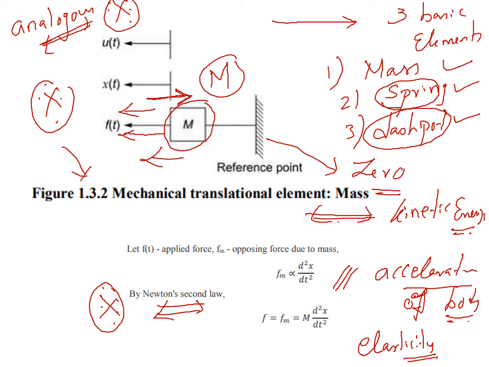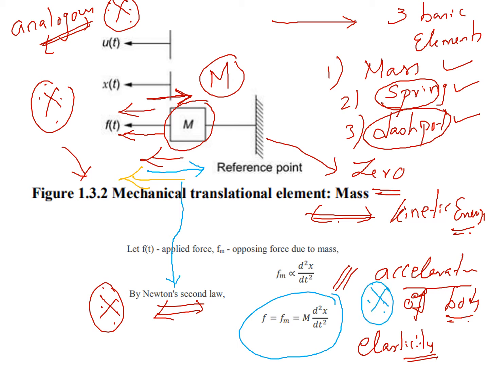As I already said, when you apply a translational force, very sure the body which has the mass will experience an opposite force, and these two forces, according to Newton's second law, are given by m into d square x by dt square, that is the acceleration of the body.